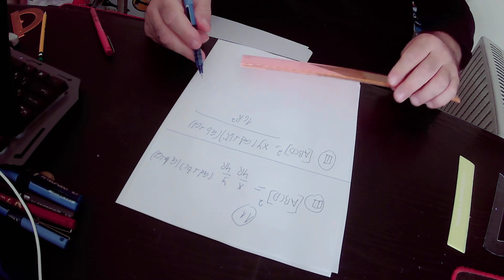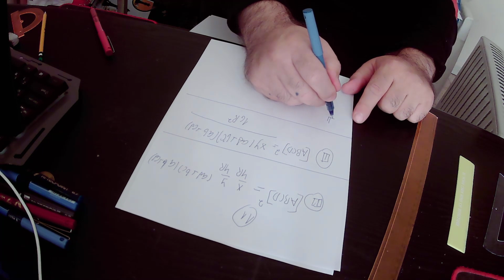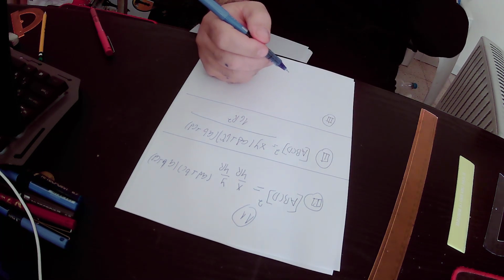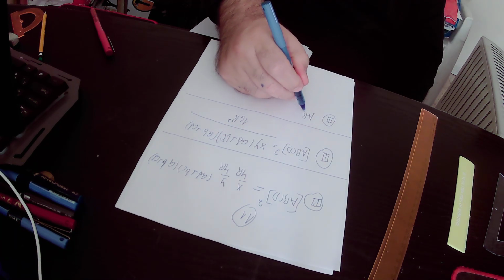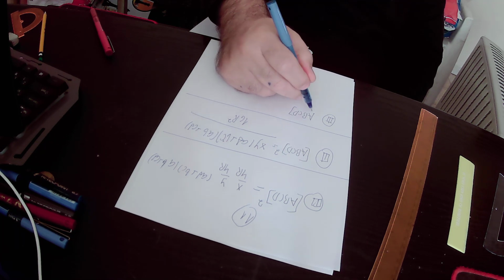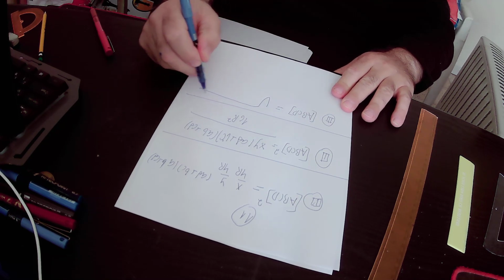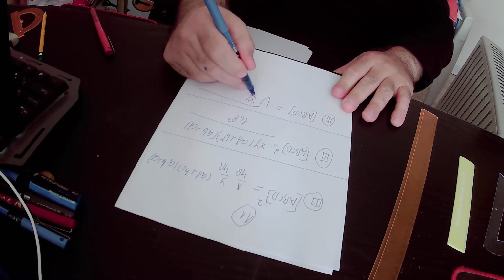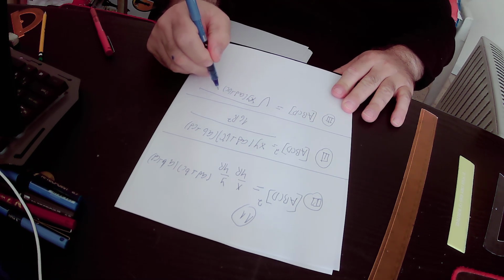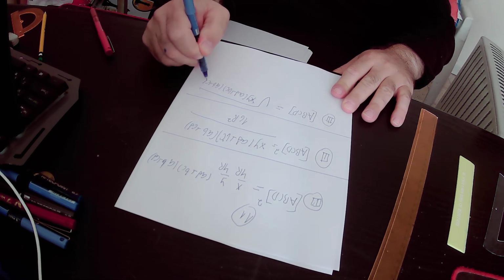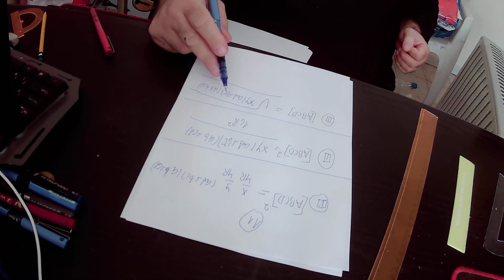So here we will take a root of equation number 3, and we will get that the area of quadrilateral ABCD equals the root of this expression, that is xy times AD plus BC, AB plus CD, over the root of 16r squared.